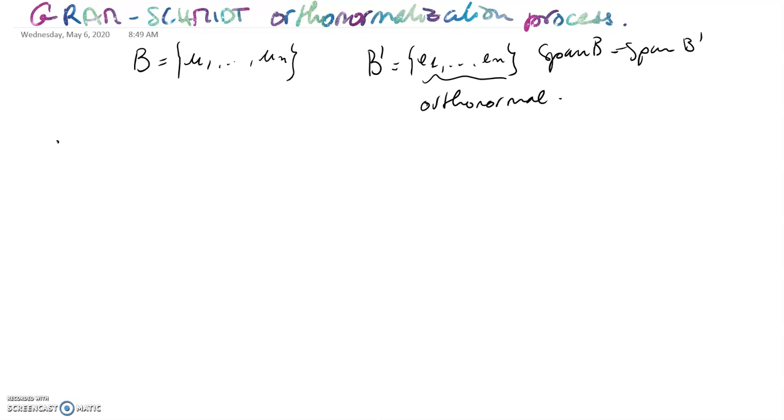So first, let's put E1 is the normed version of U1. That's going to be a good one. All right. So normed version is that I just have to multiply by 1 over the norm of U1. Okay. And one abuse of notation that I will often use is this one. I will write U1 divided by norm of U1, which is not a very correct one because here U1 is whatever you want.